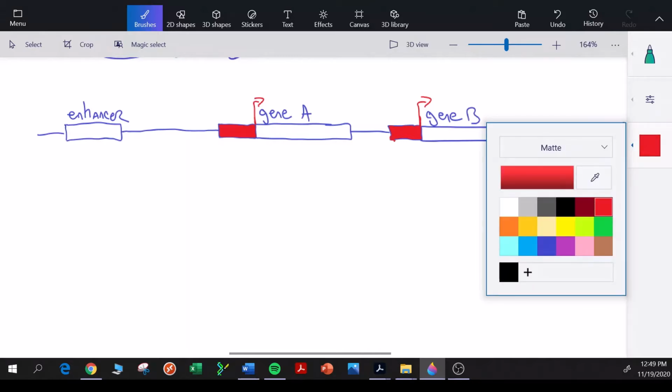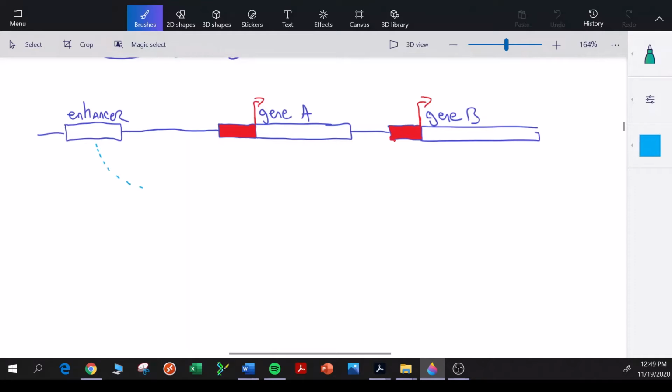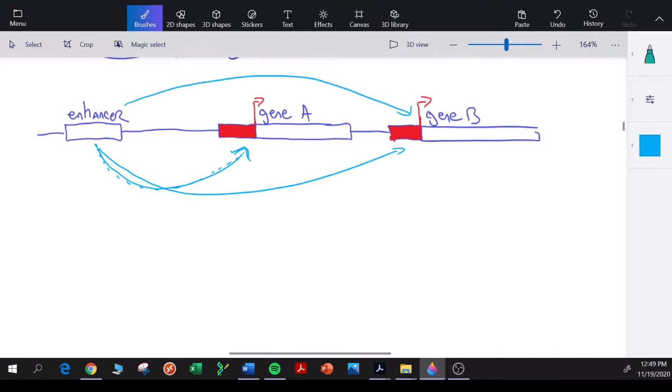Now, let's say this enhancer right here increases the transcription rates of both of these genes, even the one that's located very far away. That's one of the most interesting things about an enhancer, is they can work on genes that are located very far from the enhancer.